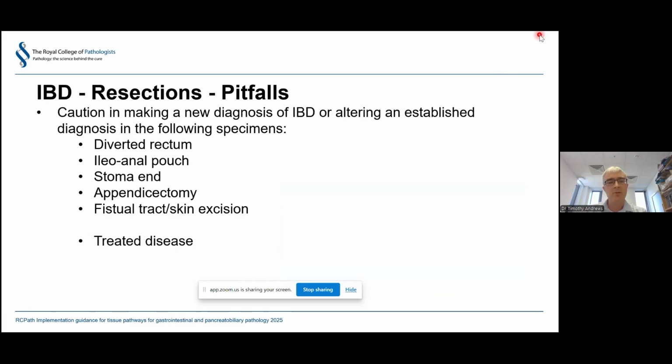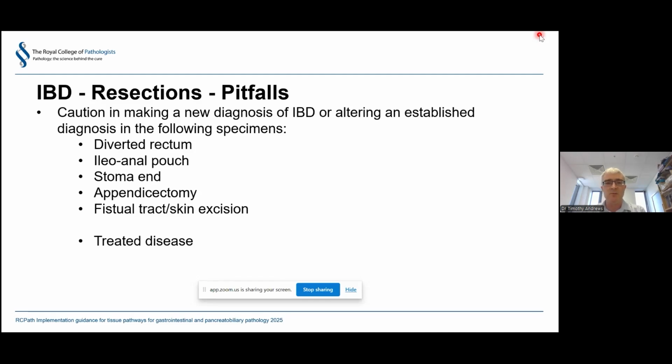So in terms of pitfalls in resections, I think it's worth remembering that in the non-neoplastic spectrum, you encounter a wide variety of small or somewhat tidy-up specimens, such as diverted rectum, ileoanal pouch, either specimens from its formation or removal if the pouch isn't functioning, stoma ends, appendectomies, fistula tracts and skin excisions.